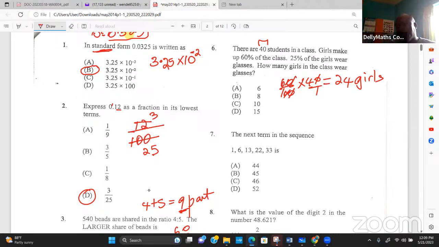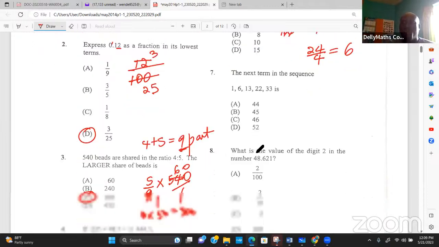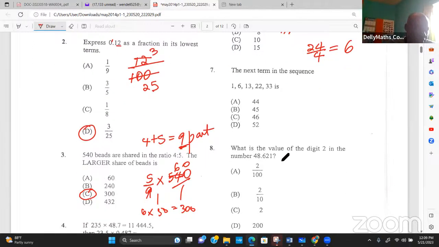Now, from these 24 girls, it is said that 25% wear glasses. 25% means a quarter. So if I divide 24 by 4, it's going to give me that 6 girls actually wear glasses. And here's my answer on top. Again, they're giving us some nice numbers to work with, 25% and stuff like that.